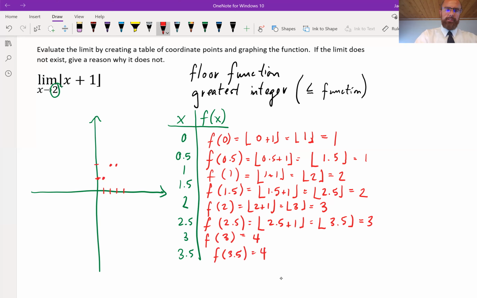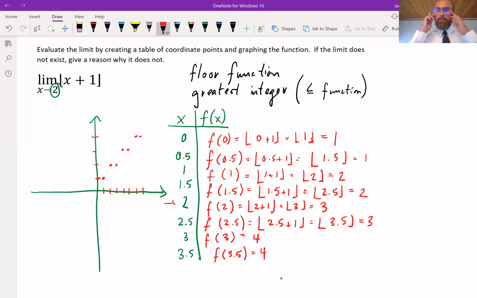That's not f at 3. This is f at 1.5, f at 2 is 3. I was saying the y value. At 2.5, the value is also 3. At 3, the value is 4. And the same at 3.5.